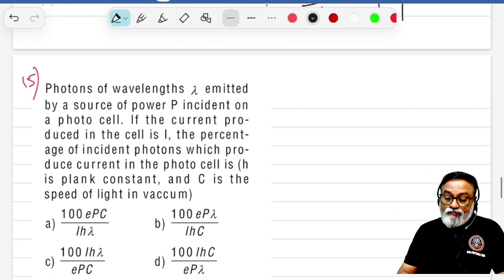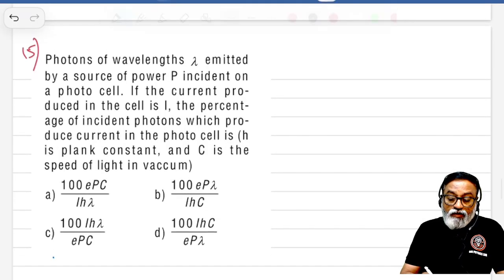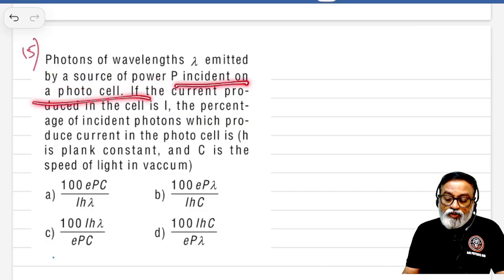Next one. A photon of wavelength lambda is emitted by a source of power P incident on a photocell. If the current produced in the cell is I, the percentage of incident photons which produce the current in the photocell is?